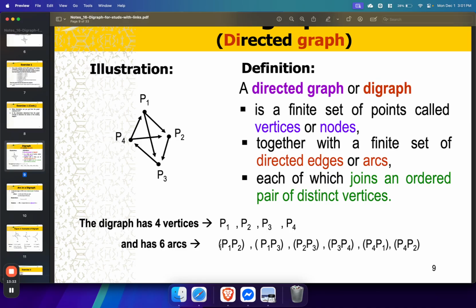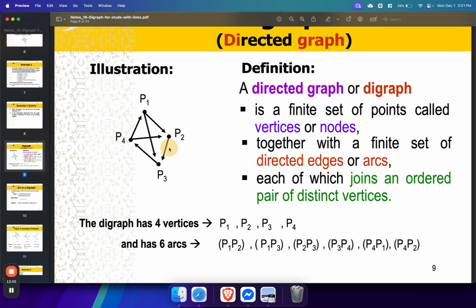So when you say there is an arc from P1 to P2, that means there is an arrow going from P1 to P2. So in this specific digraph, I have 1, 2, 3, 4, 5, and 6 edges, or arcs rather.